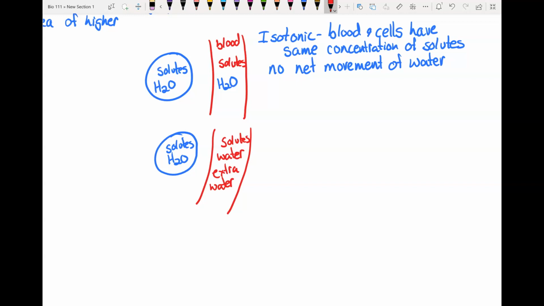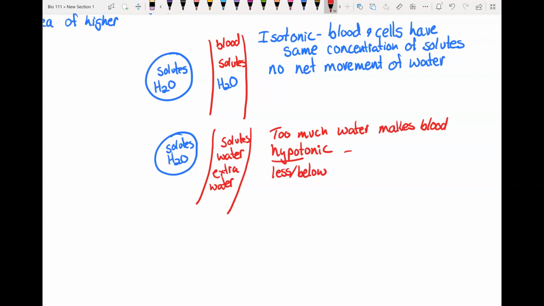Your blood becomes hypotonic. So too much water makes blood hypotonic. Hypo means less or below. So this means that the blood has a lower solute concentration than your cell, because all that extra water dilutes the solutes that are in your blood.